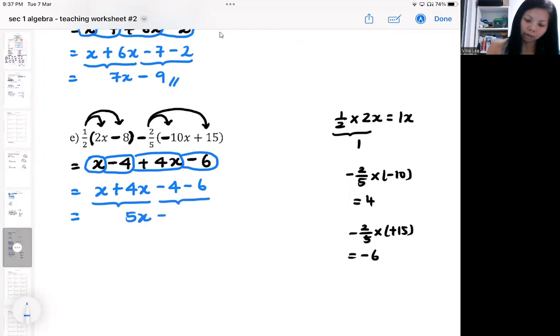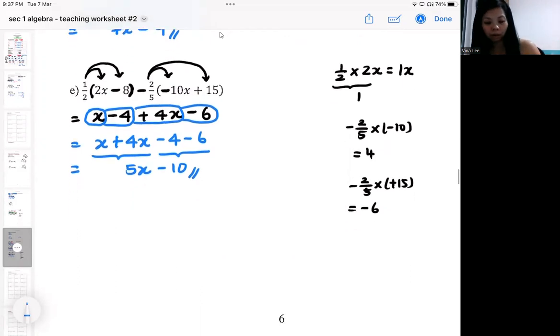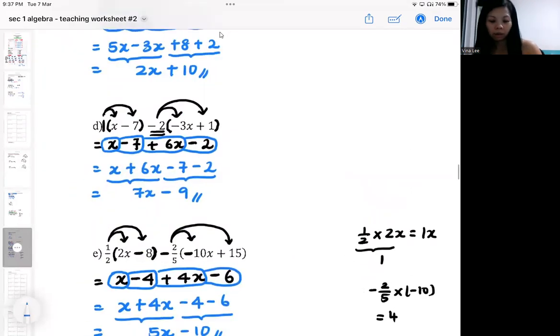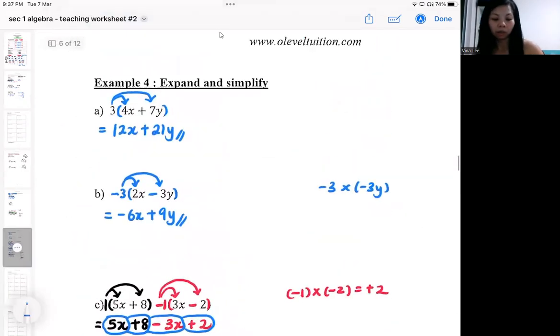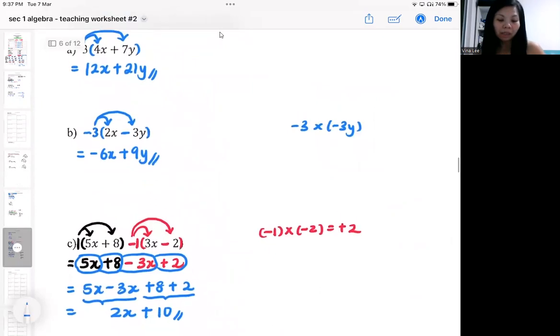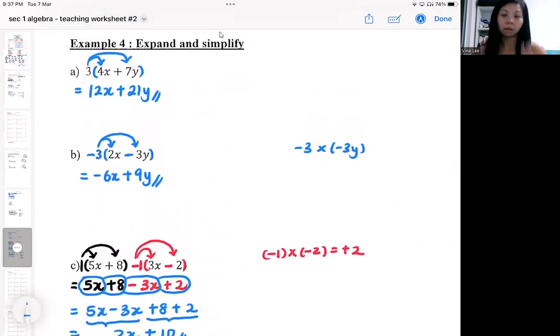This becomes a -10. So that is called expand and simplify. The idea of expand and simplify, you need to have a lot of accuracy. You've got to minimize sign errors. So you must see the negative, whatever negative that comes with it.